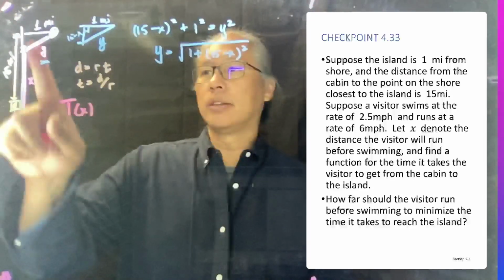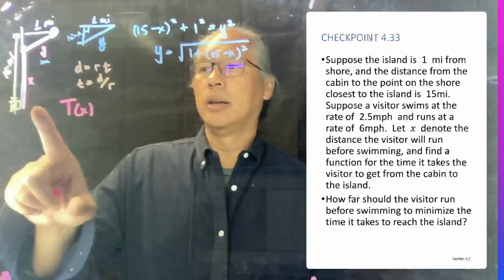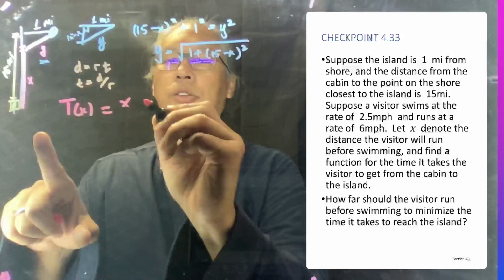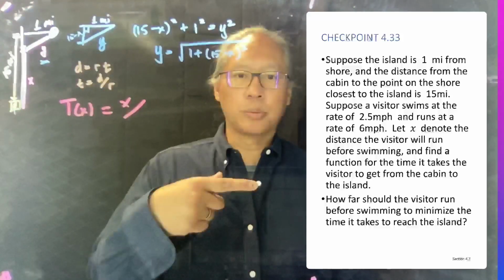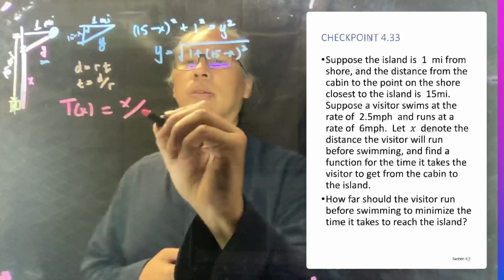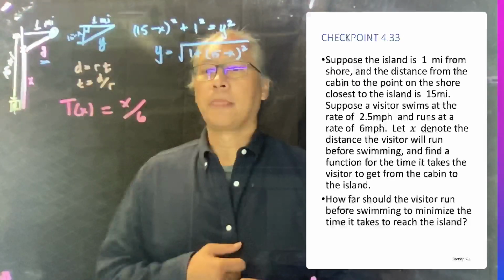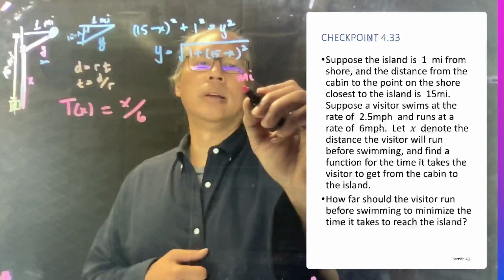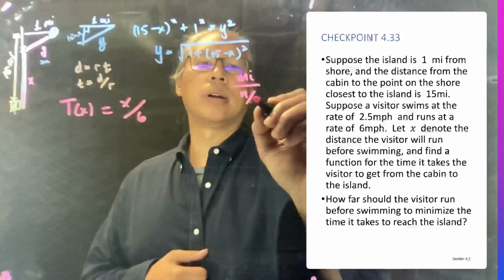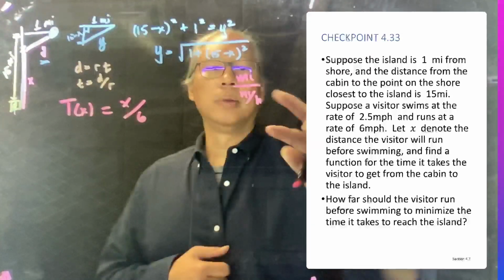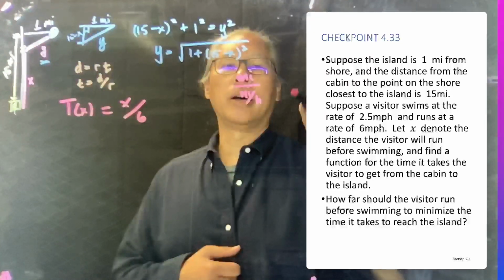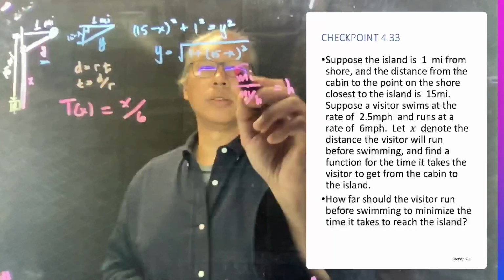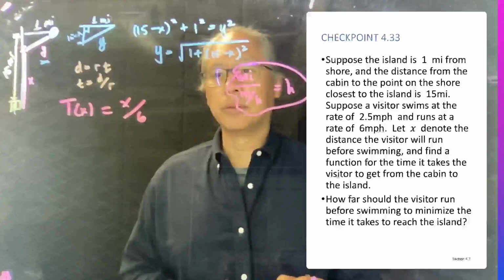It will be the distance that this person is going to run along the shore, so a distance of x, and the rate that this person runs was 6 miles per hour. Okay, so if we want to put units, this will be miles on top divided by miles per hour on the bottom. And then you do the reciprocal, cancel the miles, and this would just be hours, which is the time that we want. So this is just a little bit of a side note.